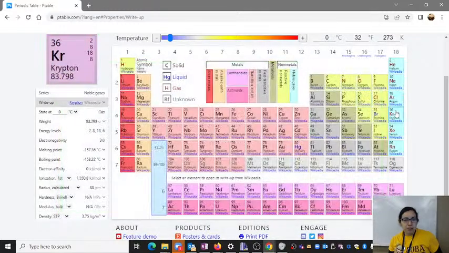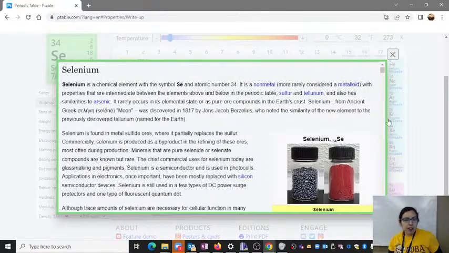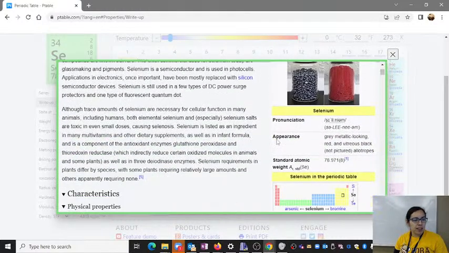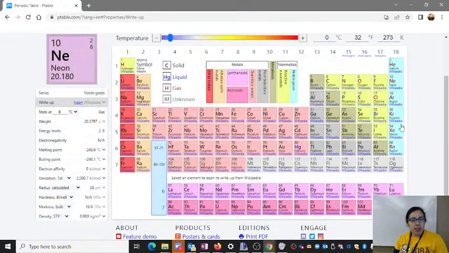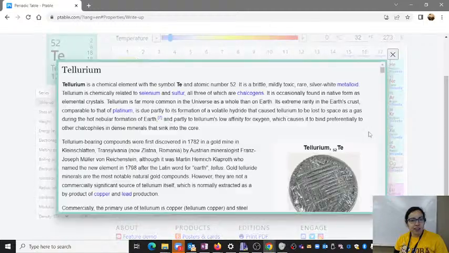Then if we go down, selenium is also smelly. Compounds of selenium are smelly. And then even smellier is tellurium.